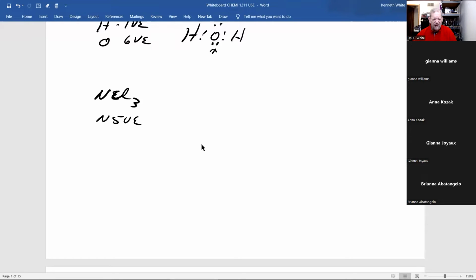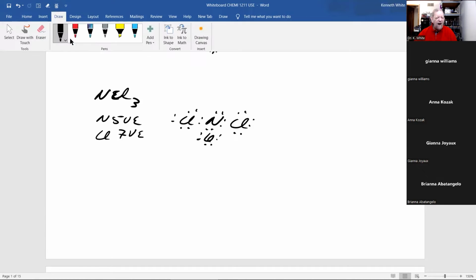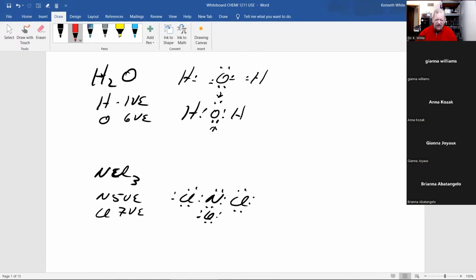Nitrogen, 5 valence electrons. Chlorine, 7 valence. I know these like I know my own name, which I do know. And the only way you'll get it to work is like this. Now, remember, all atoms gain, lose, or share electrons in covalent. They share, so they have 8 valence electrons in octet.